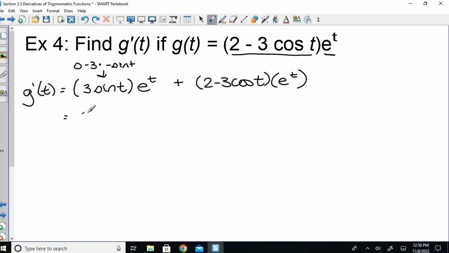And there's not much you can do here. You can distribute if you would like. So we get to there. Is that okay?